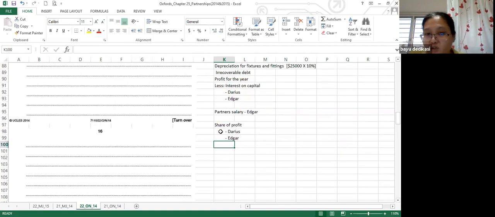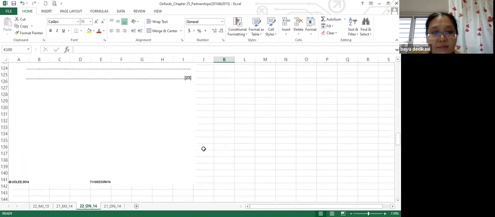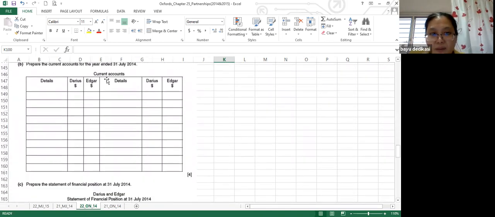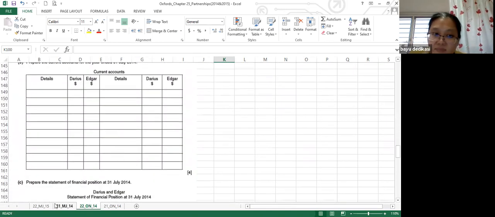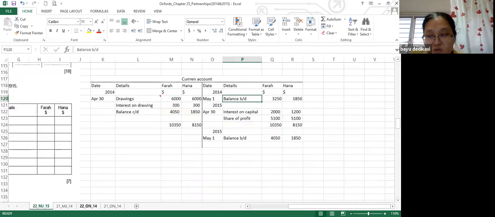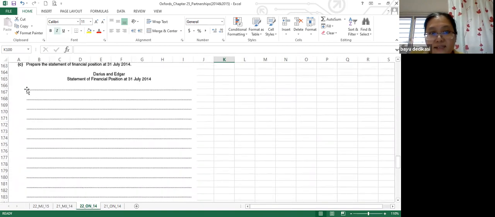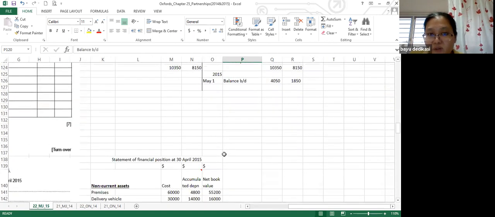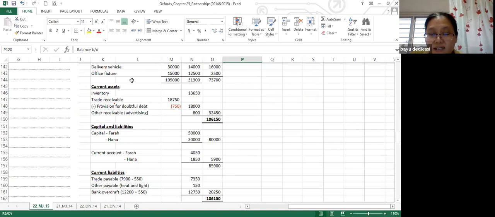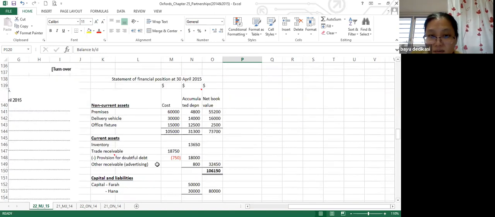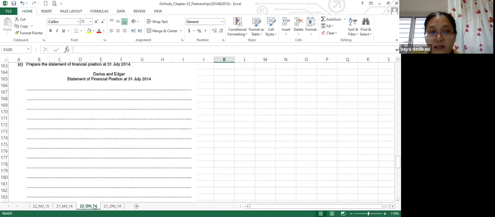Then you find your share of profit. So the next step you need to do is prepare your current account, similar to question 1 and question 2. Last, statement of financial position, you can refer to the first question, how to present the statement of financial position. Okay, I want you, Lily, to try out.